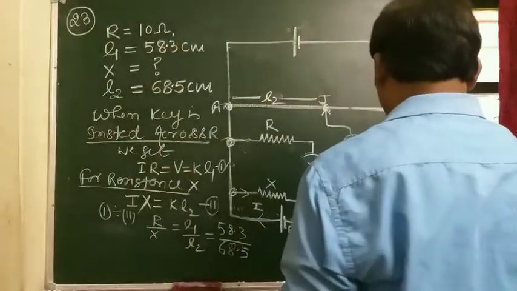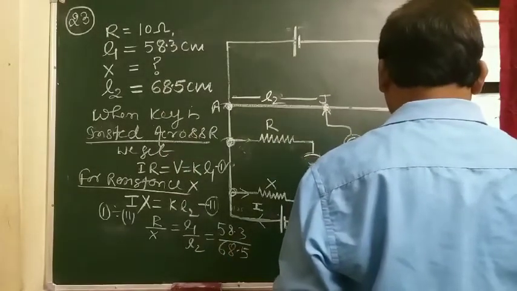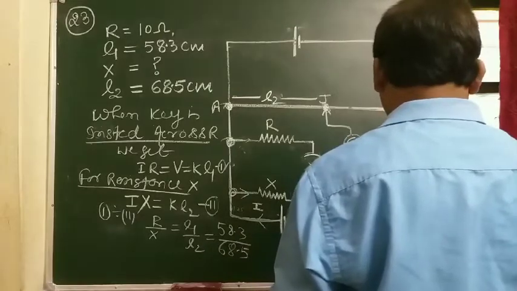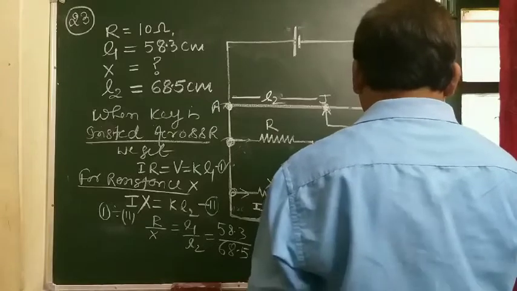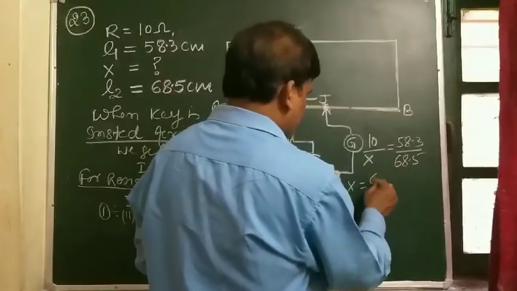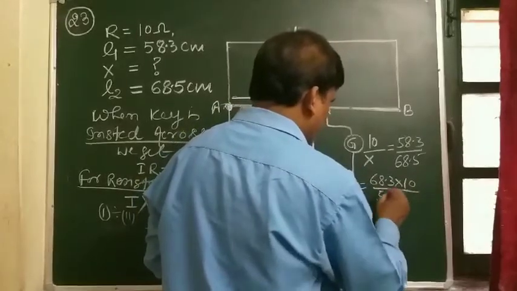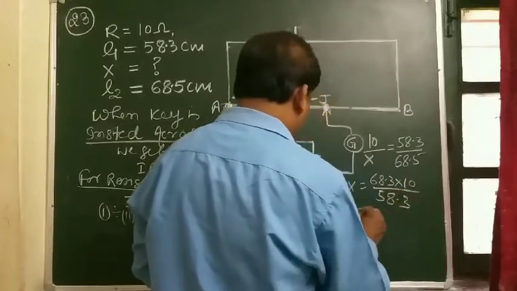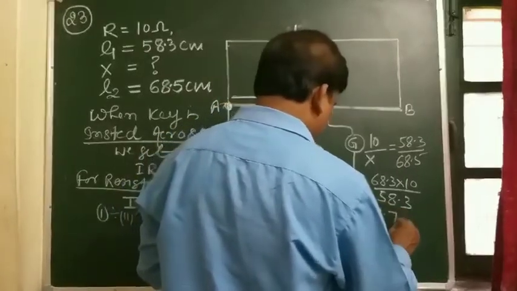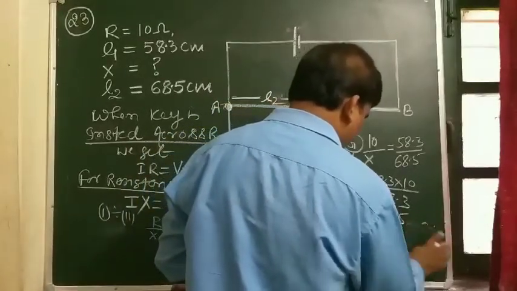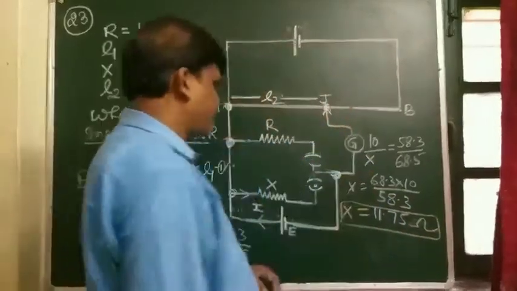X we have to find out. Cross multiplication: 68.5 into 10 by 58.3. After solving this, it comes out to be 11.75 ohm. This is the unknown resistance.